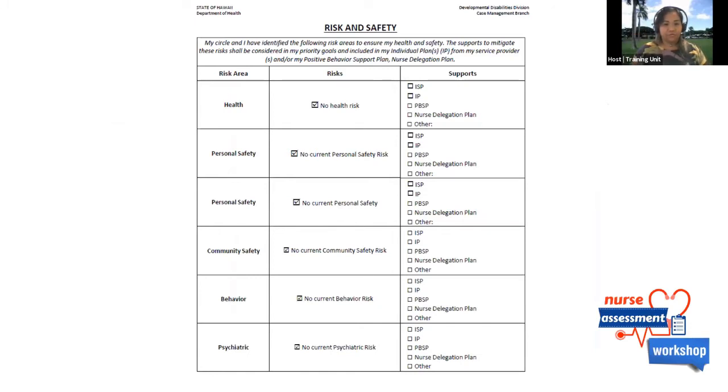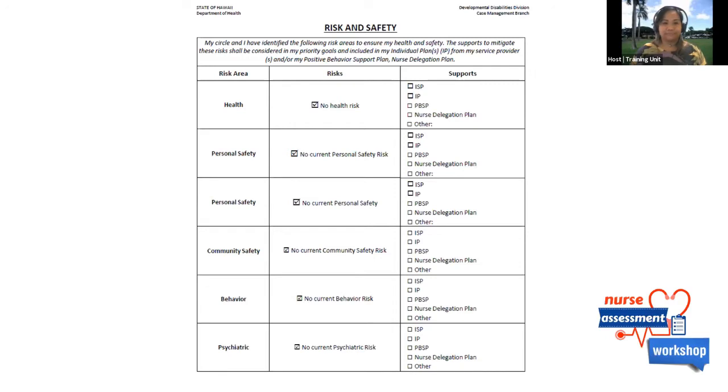Like every nurse, we always look out for the R word. Does anyone know what the R word is? Risks. Let's make sure it's the same R word we're all talking about. Okay, moving on. This is some of the risk and safety page from the ISP. So no risk for the most part.